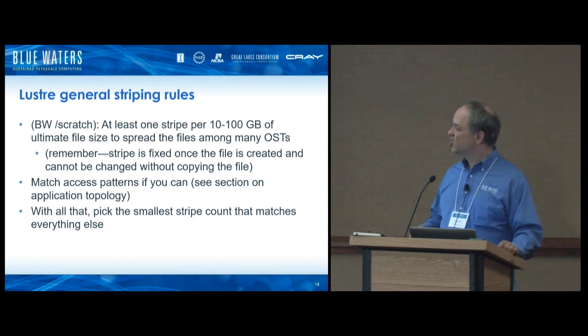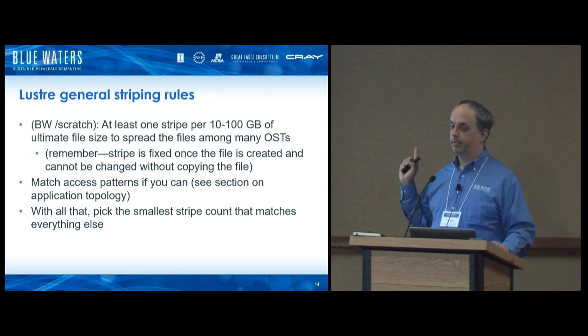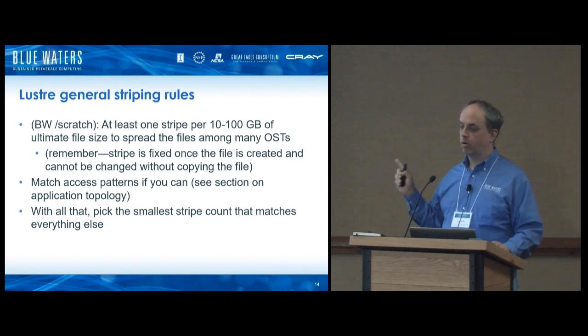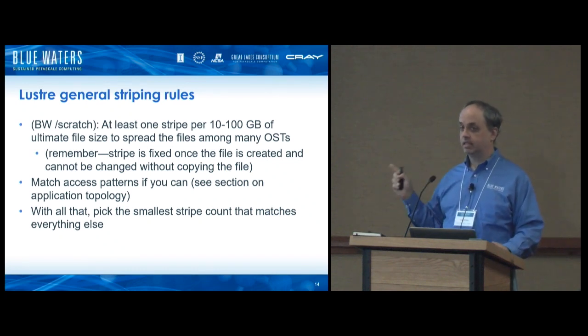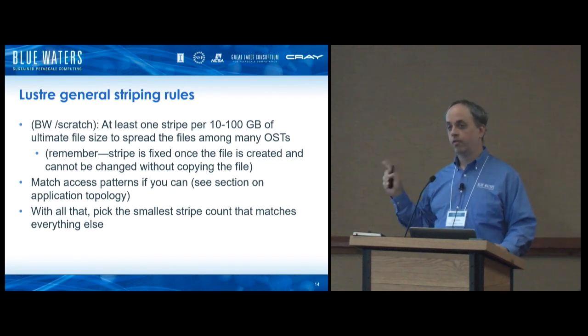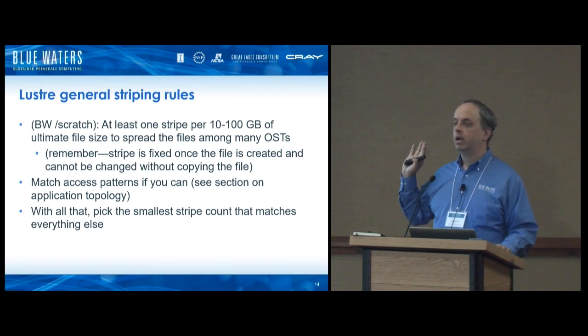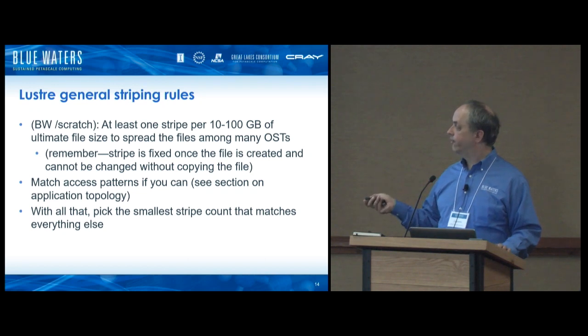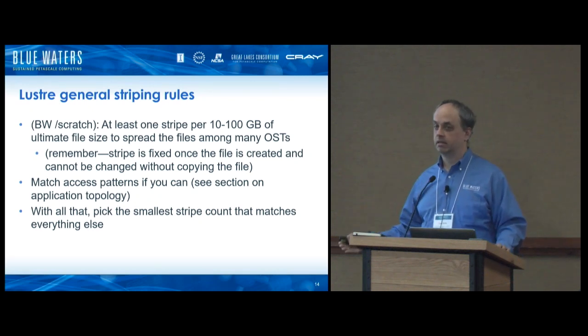Some general striping rules. This is one notable deficiency in the Blue Waters portal and our documentation: we do not have a detailed explanation or guide for striping. The reasons for that are annoying and complicated, but here are a couple of very basic rules. Blue Waters specific: at least one stripe per 10 or 100 gigabytes of the eventual file size.